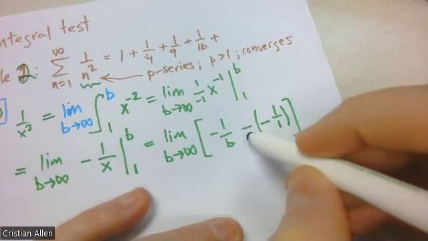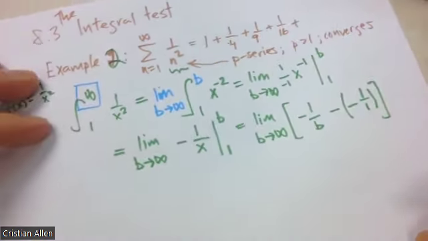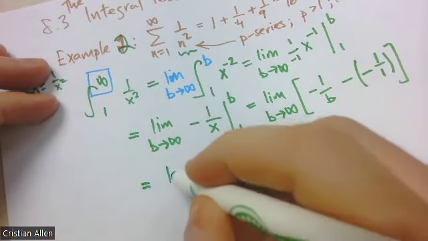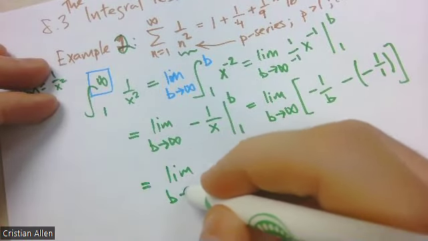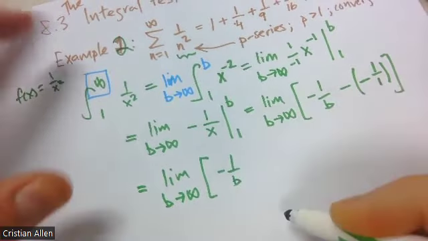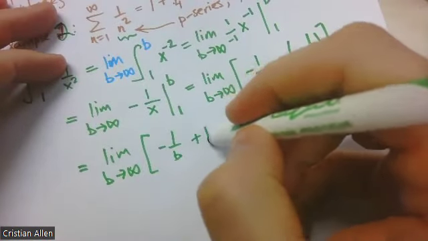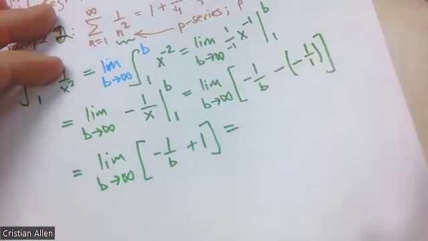Now remember, it's subtract a negative, and then we have limit as b goes to infinity. Let's clean this up a little bit. -1/b plus 1. Okay.